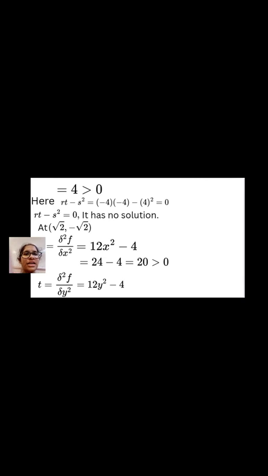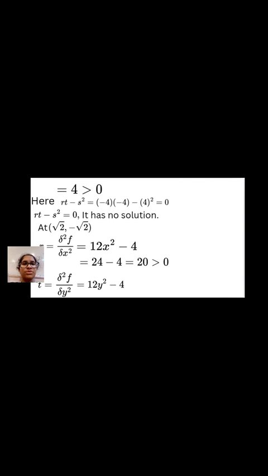Here rt - s^2 = (-4)(-4) - 4^2 = 16 - 16 = 0. rt - s^2 = 0. It has no solution.